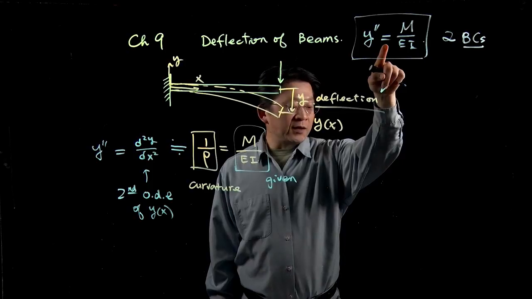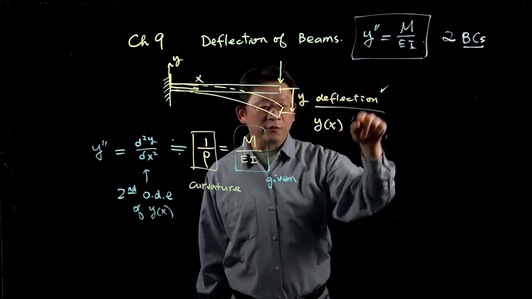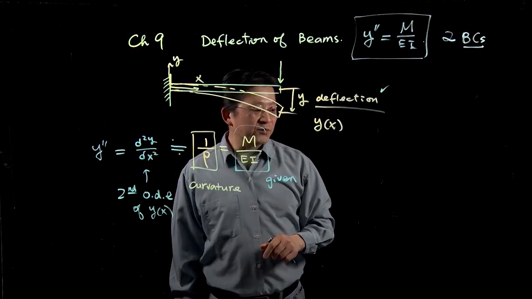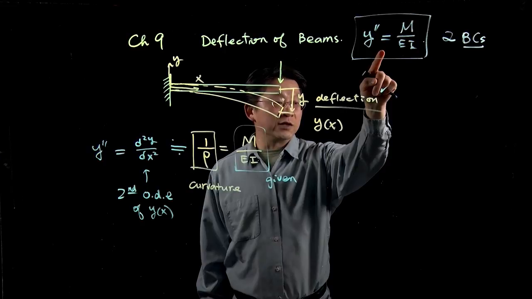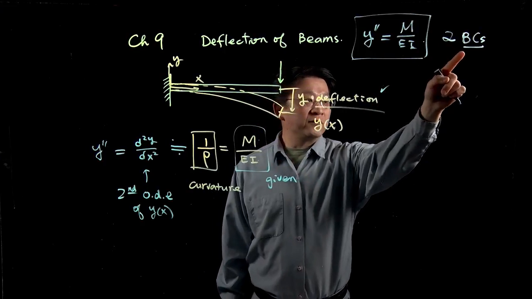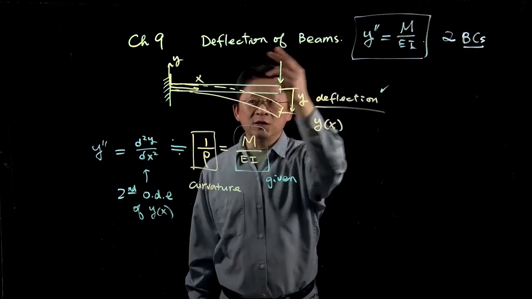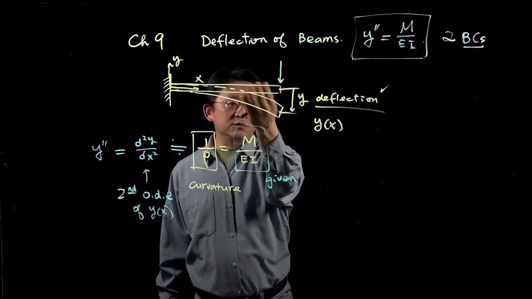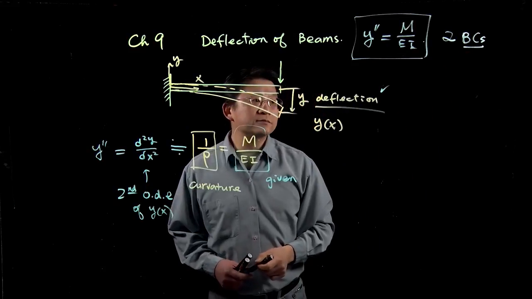I assume everyone has learned how to solve differential equations before signing up for this class. The new thing for you is how to identify appropriate boundary conditions from the given loading and the certain type of the beam. That is your focus here.